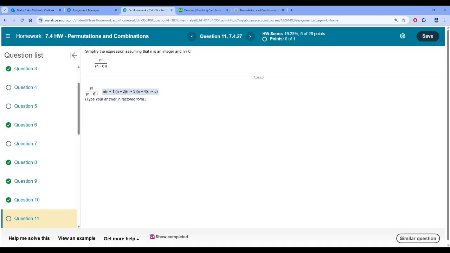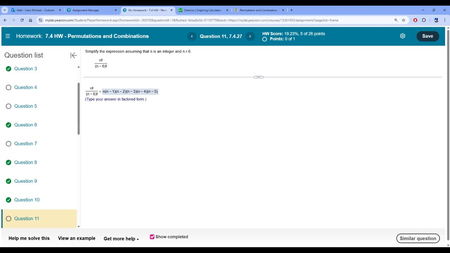What are they looking for? n times n minus 1, n minus 2, n minus 3, n minus 4, n minus 5. Assume n is greater than 6.